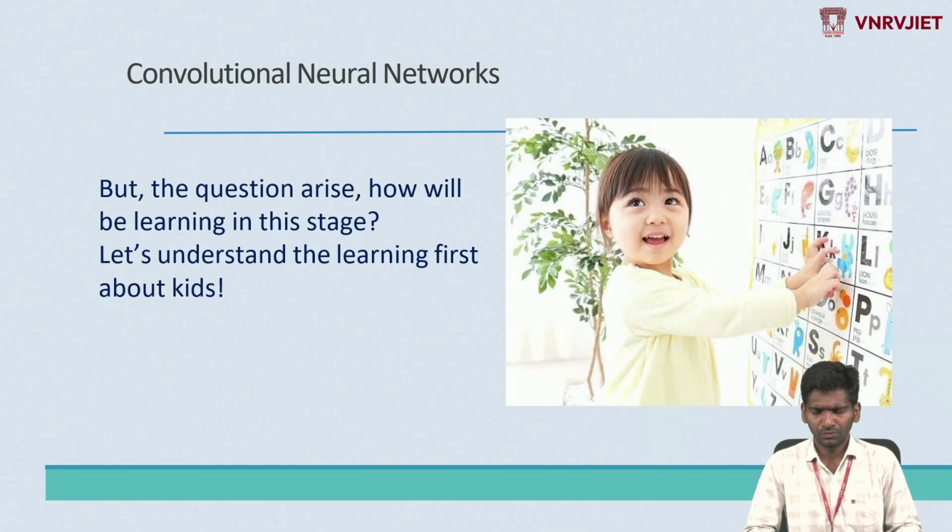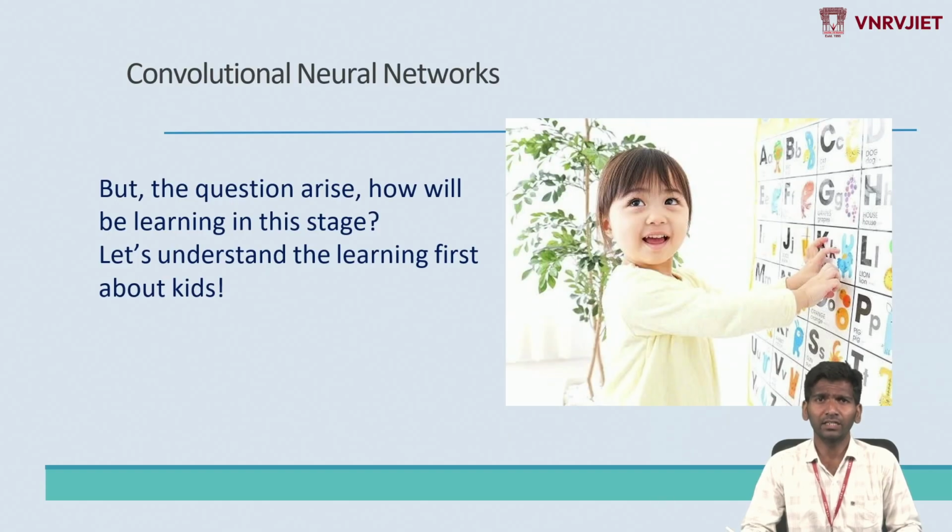In our earlier days, suppose an LKG student or a one or two year old kid is learning some language, English alphabets. If we point to one particular alphabet and ask them, do they respond correctly?